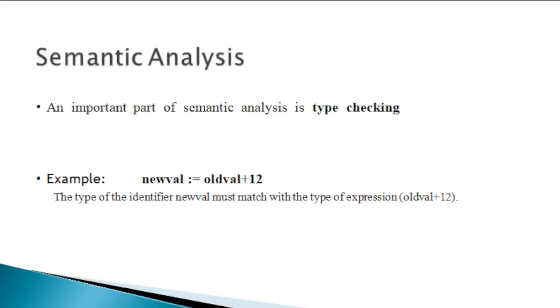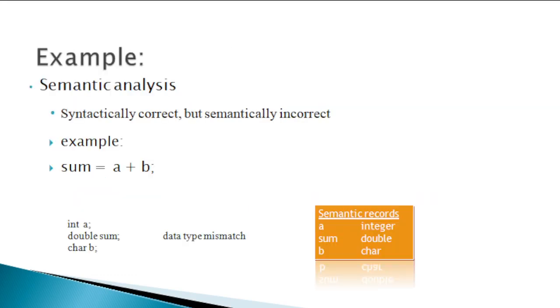The data type of new value must match the type of old value, otherwise it generates a semantic error. If it is syntactically correct but semantically not correct, then it generates a semantic error.